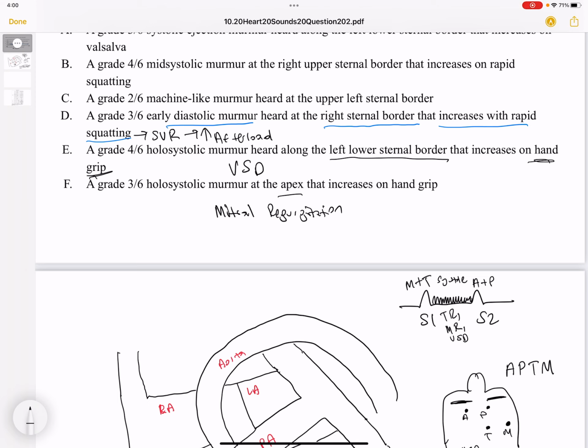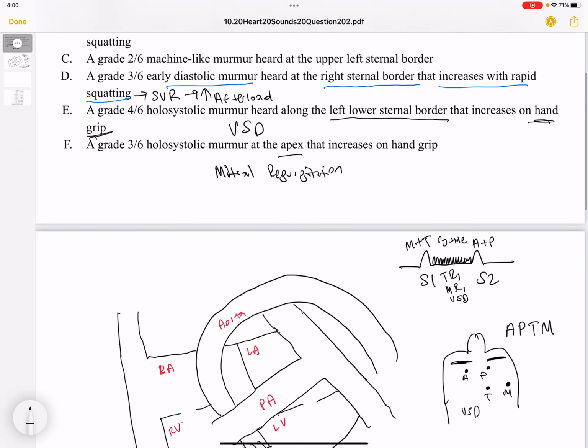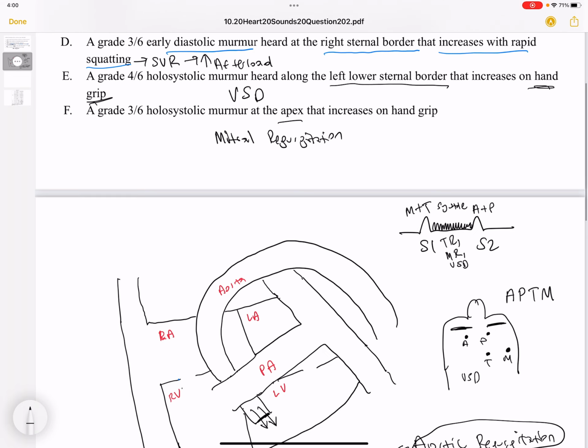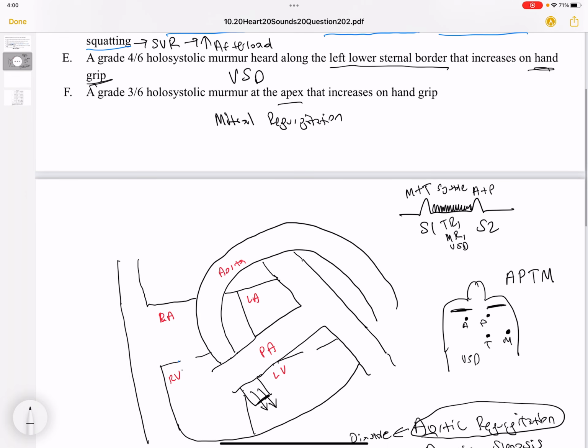Therefore, it is going to be harder for the left ventricle to get rid of the blood, and then there will be more blood found within the left ventricle, which is going to result in an increase in the murmur for aortic regurgitation because of an increase in blood found within the left ventricle.